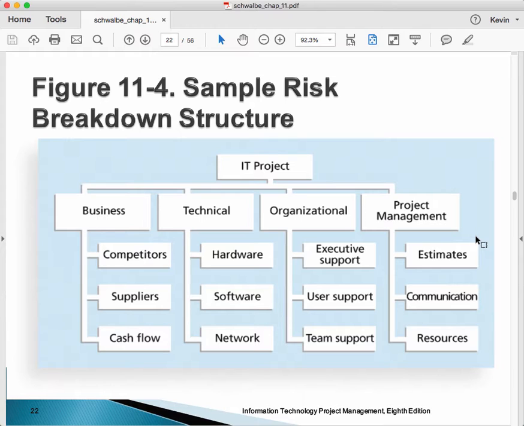It has the IT project. It has general categories: business, technical, organizational, project management, and then within them we break them down further. Now, this is a risk breakdown structure.